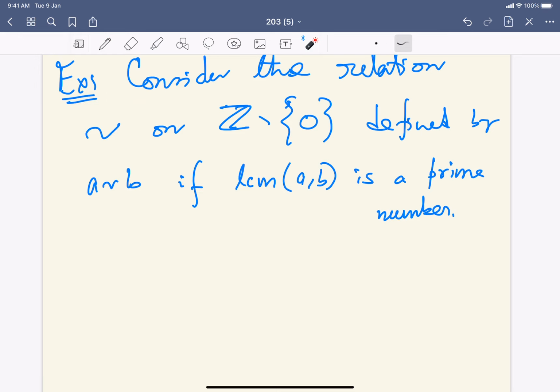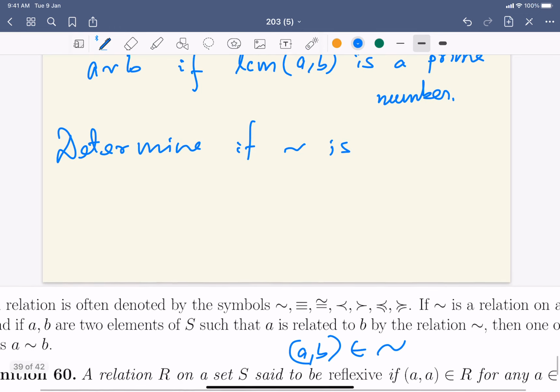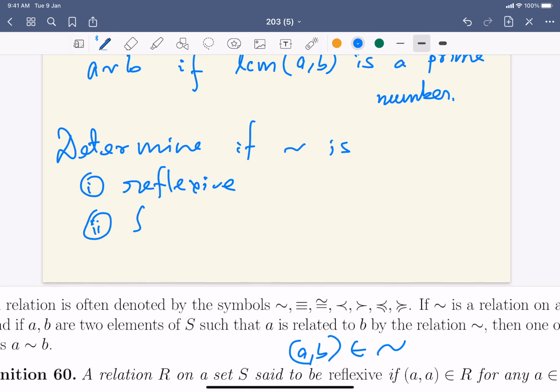So the task is to determine if tilde is, as you can probably imagine, reflexive, symmetric, transitive.